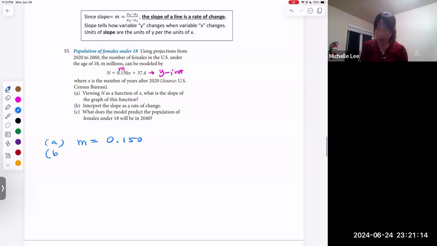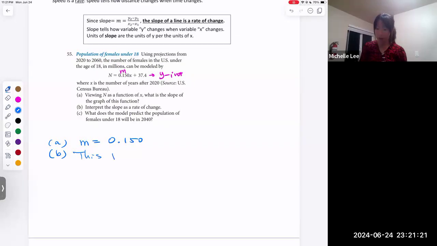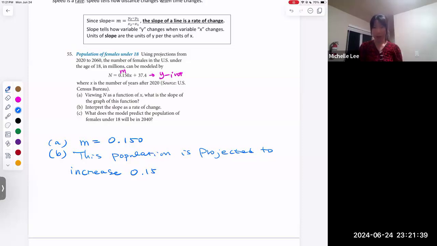Let's interpret the slope as a rate of change. So this population is projected to increase by 0.15 million per year.